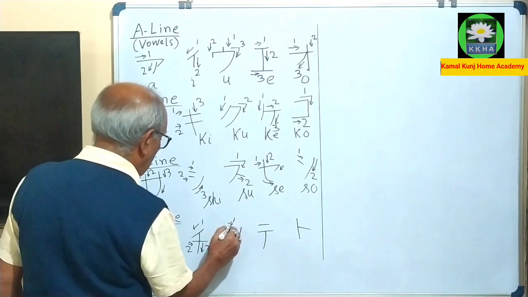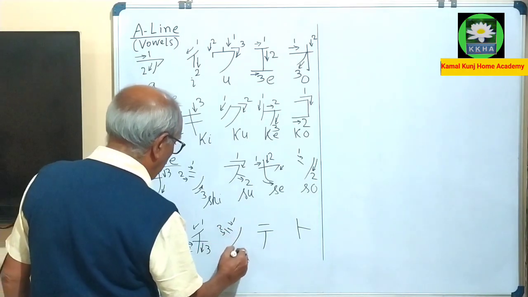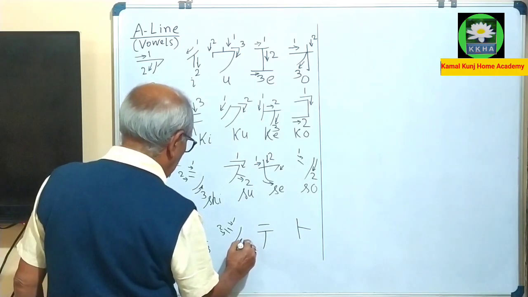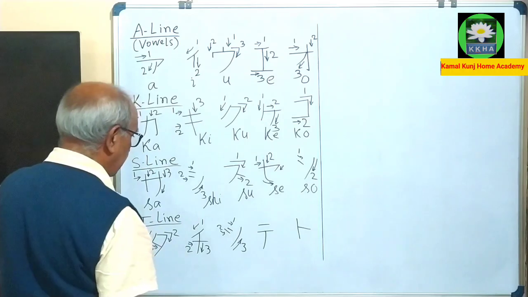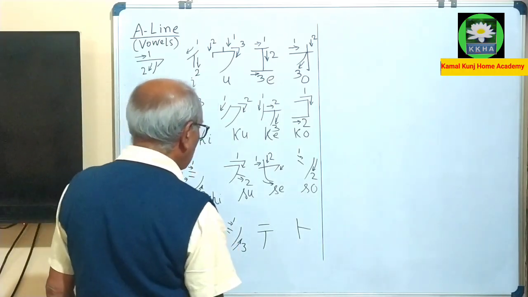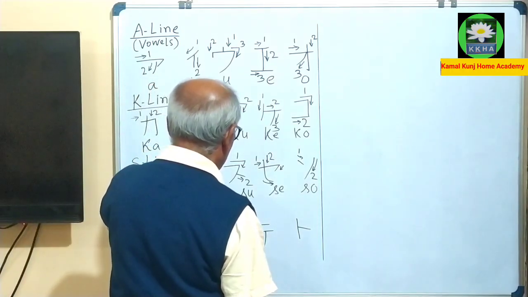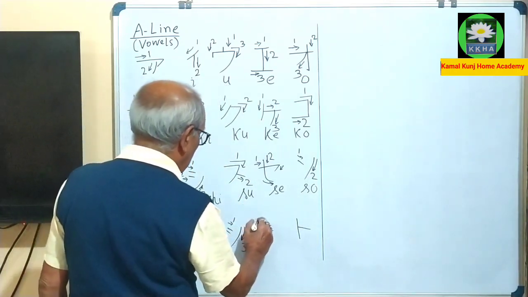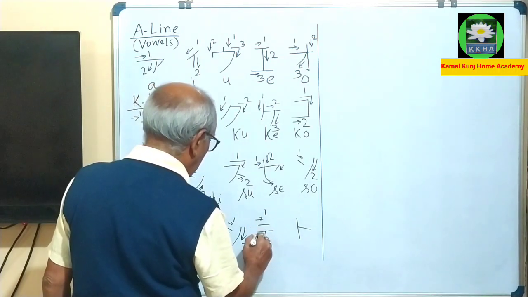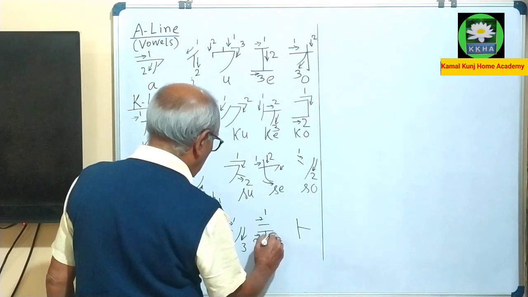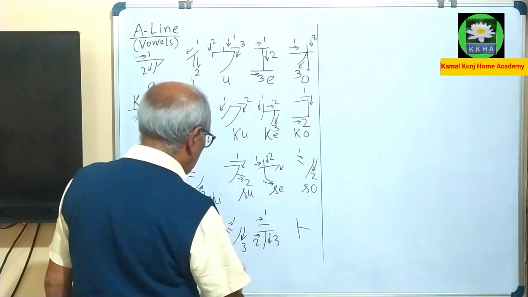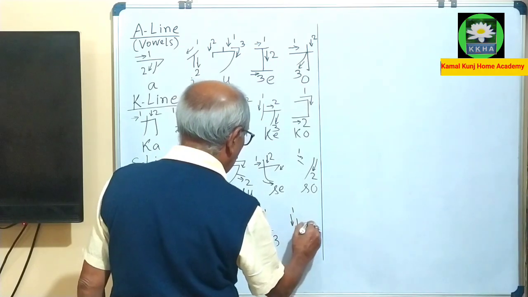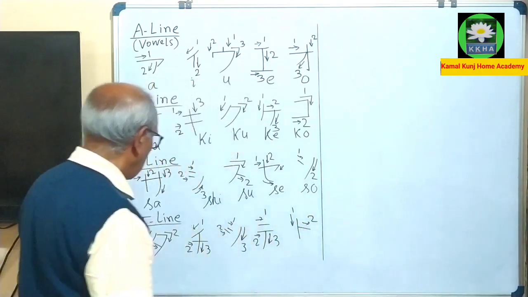Here stroke number 1, number 2, and stroke number 3. Sorry. Stroke number 3, stroke number 1, stroke number 2, stroke number 3, stroke number 1, stroke number 2.